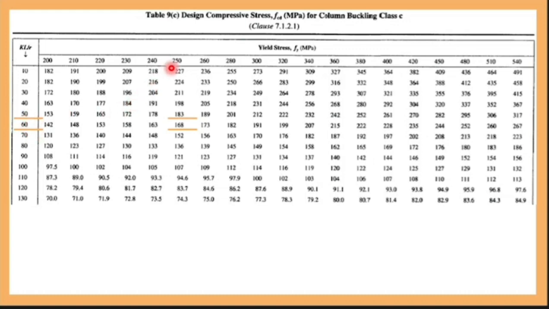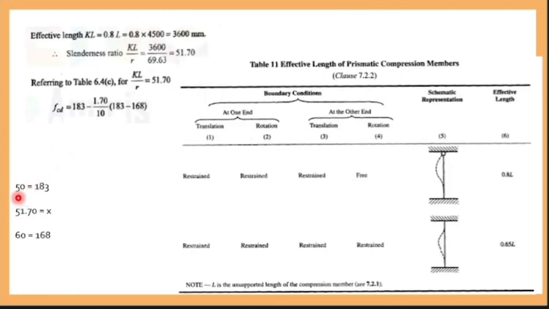What is your yield stress? 250. So you have to check: for 50 the value is 183 and for 60 the value is 168. What is the value for 51.7? For 51.70 you have to find the value.